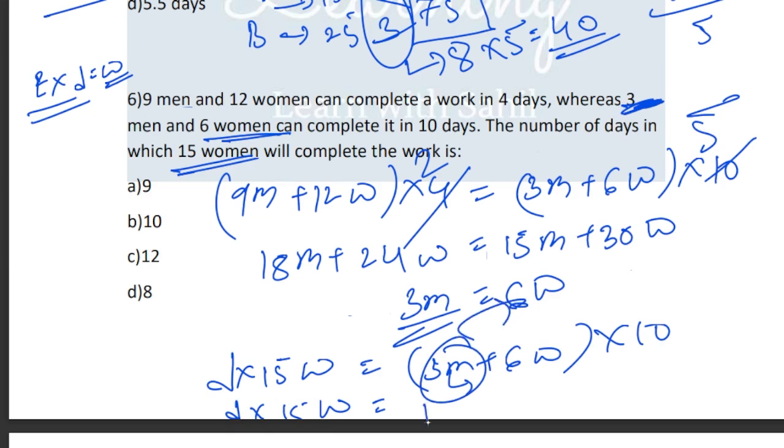So 6w plus 6w is 12w multiplied by 10. Here I have 15, so w will cancel, 3 with 3 it will be 5, and it will be 4 and 2 times, so the days is equal to 8. So option D.